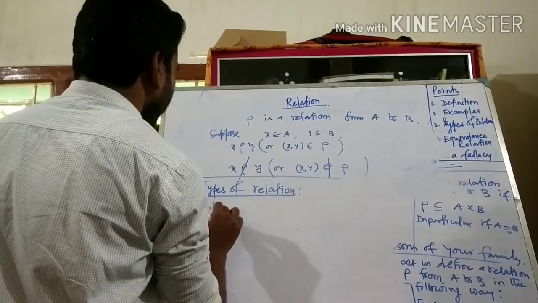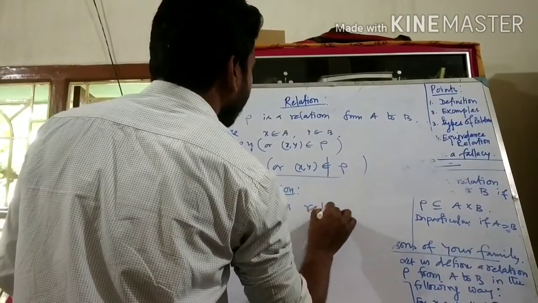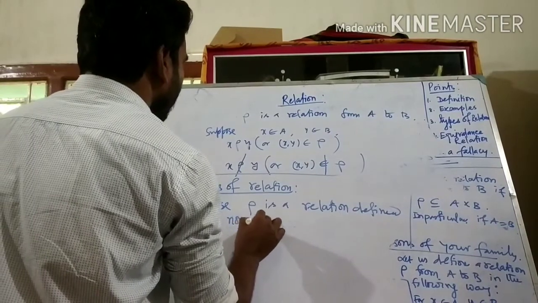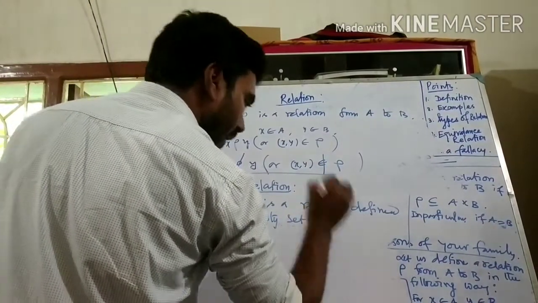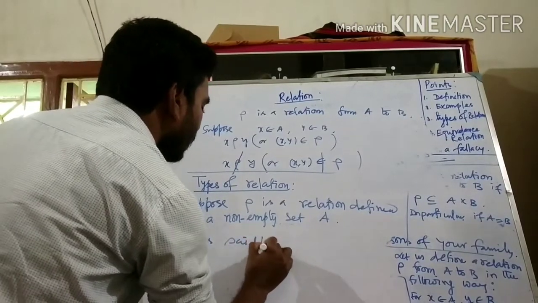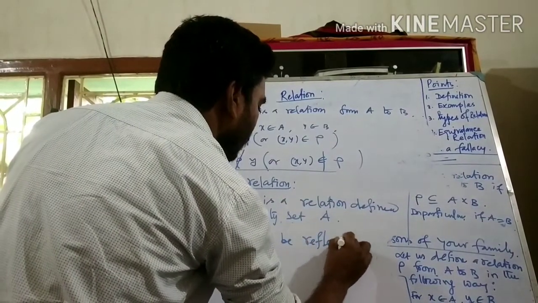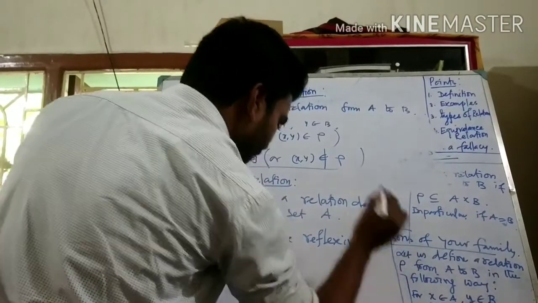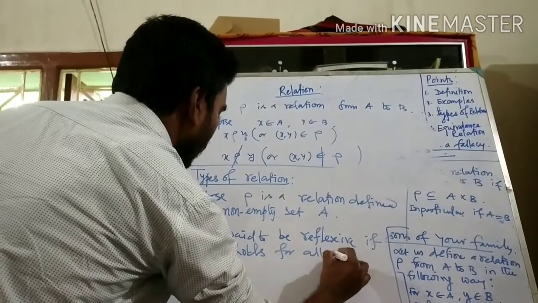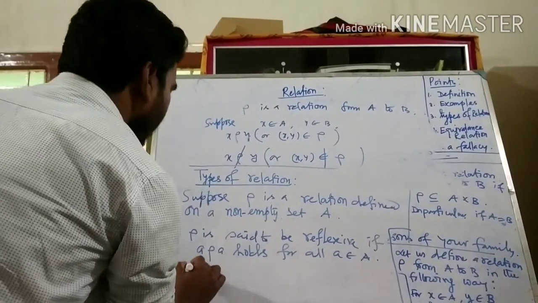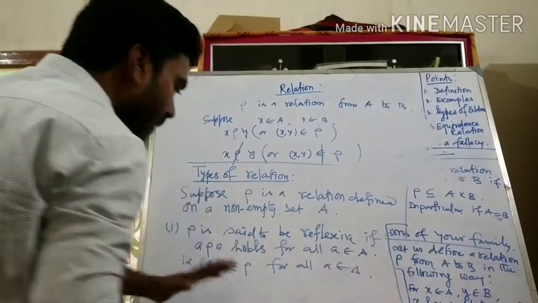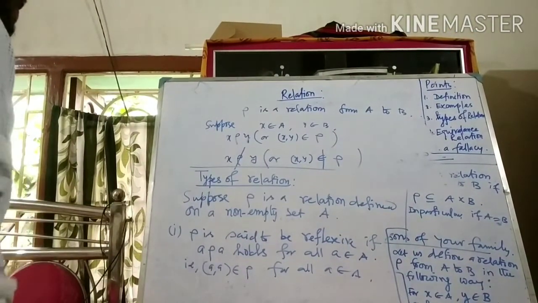Suppose rho is a relation defined on a non-empty set A. Then number one, rho is said to be reflexive if A rho A holds for all A belongs to A. That means (A, A) belongs to rho for all A belongs to A. If this happens, then we say that rho is a reflexive relation.